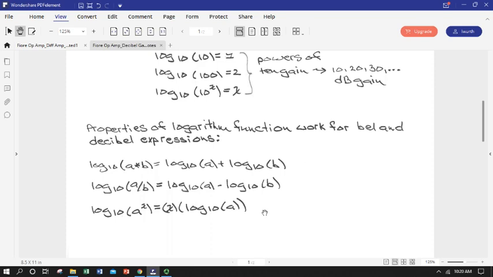Okay, properties of the logarithm function that are very, very handy. In fact, we use this one here to derive the expression for voltage gain expressed on the decibel scale.